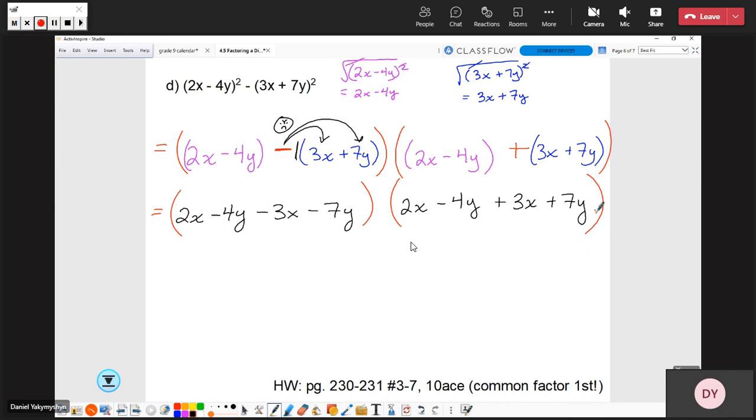Now, I think our final step here is to look for some like terms within the brackets. I'm looking here. I see 2x minus 3x is negative x, and then negative 4y minus 7y is minus 11y.